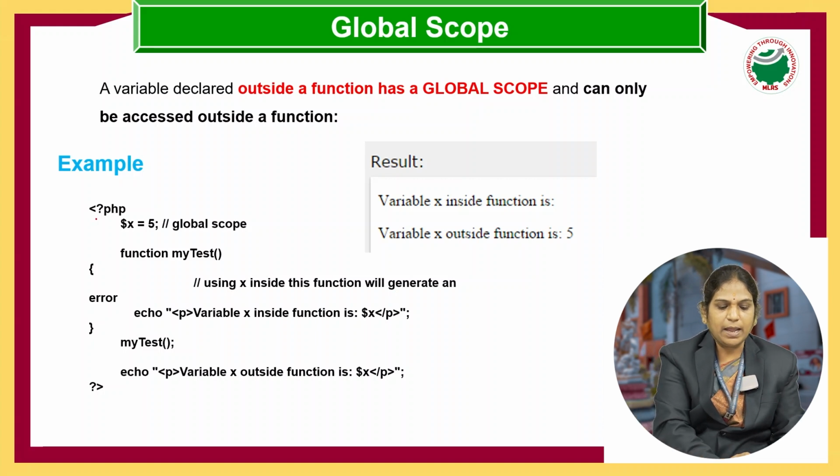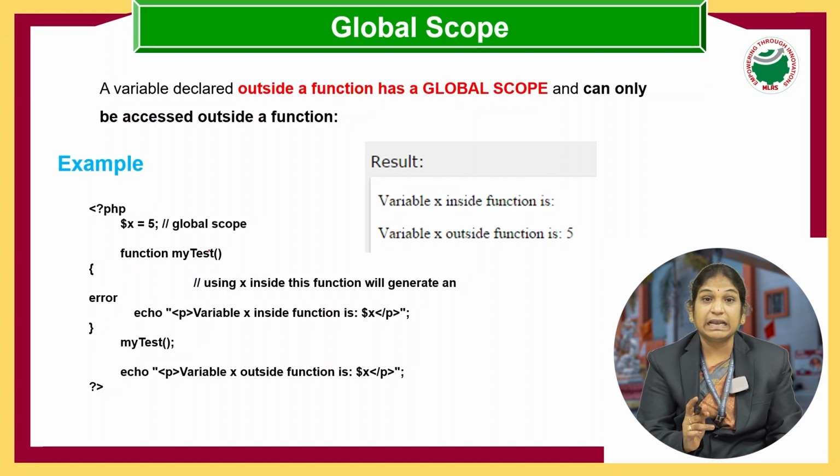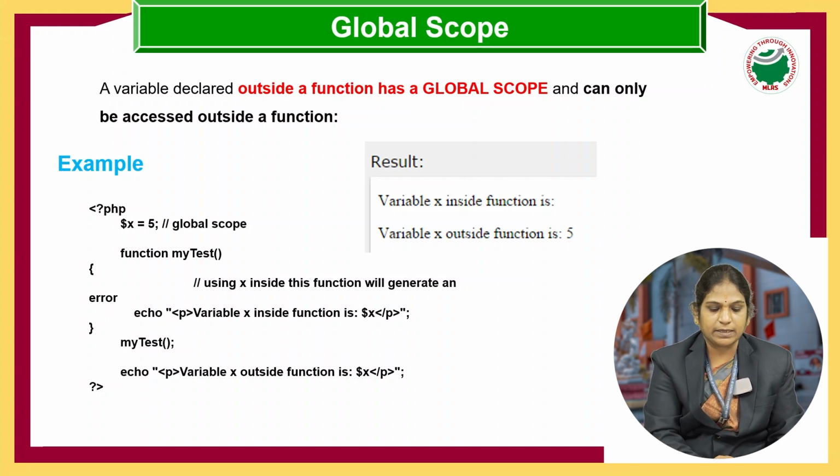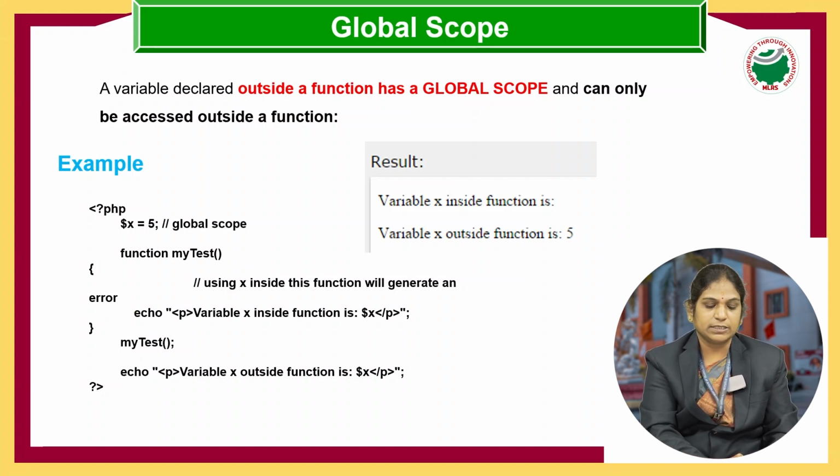For example, PHP code I have started: $x equal to 5. I have declared the variable with the name x, assigned the value as 5, and function myTest, which means I have declared a function with the name myTest. And if I want to retrieve the value of the $x, it is not possible.